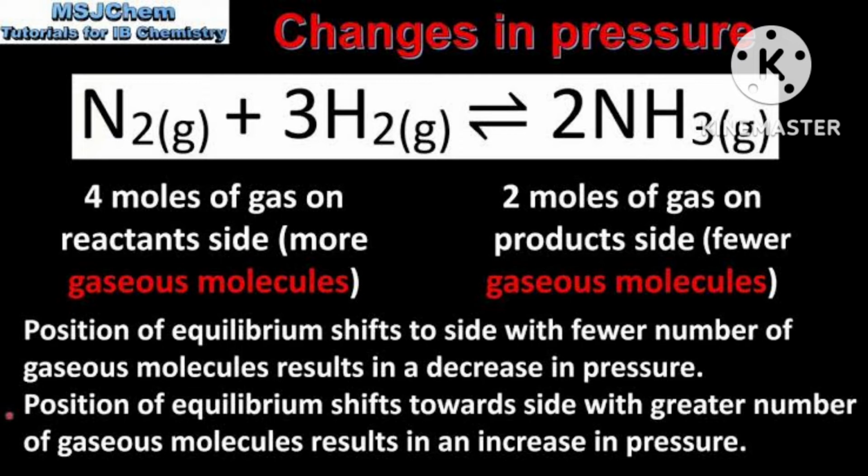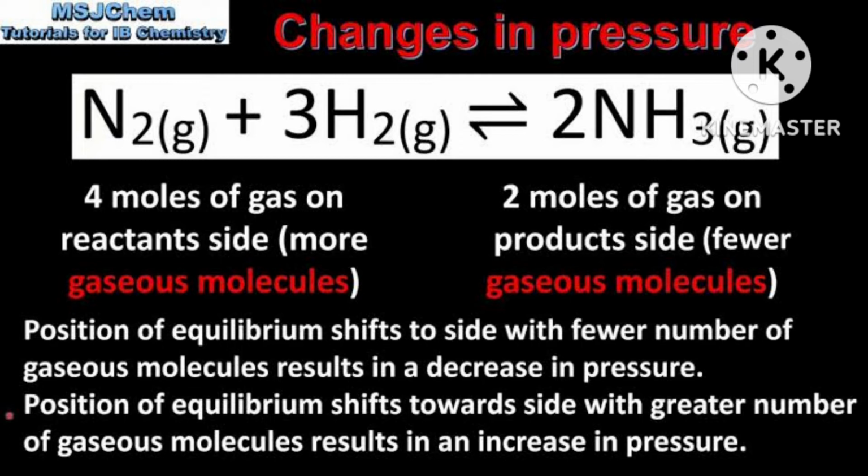Then already I have told you in the beginning that here, see, ammonia is only 2 mole. Product is only 2 mole. Reactants are 4 mole, 1 mole nitrogen and 3 mole hydrogen. Then here volume is changing. Volume decreased.